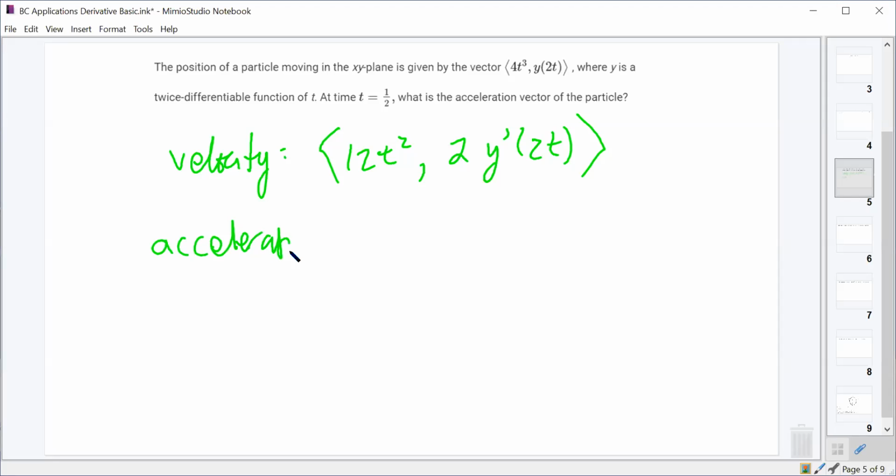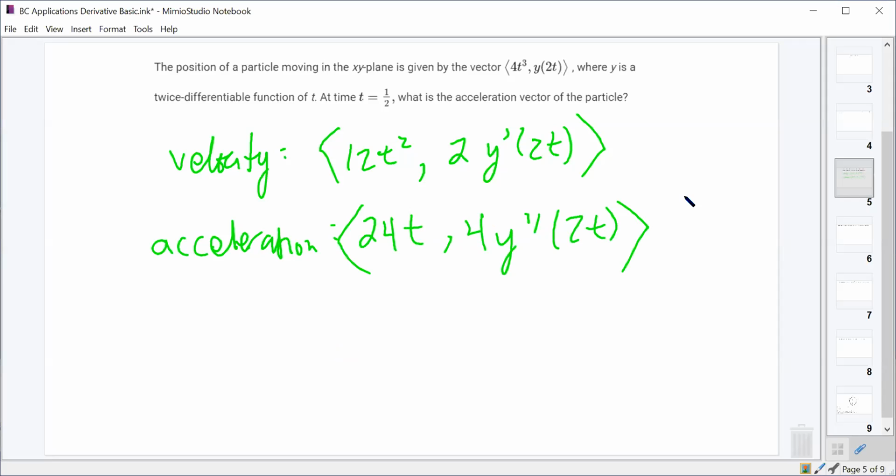Our acceleration should be 24t. And then the derivative of 2y prime of 2t should be 4y double prime of 2t. And if we evaluate those each at a half, what do we get?